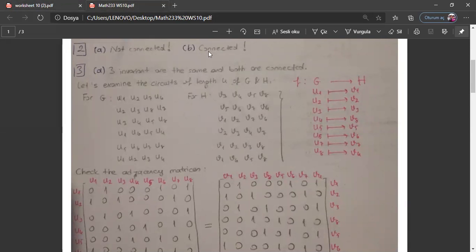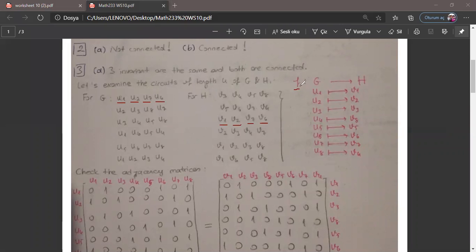So now let's examine a little bit. For example, for this circuit, we have these vertices, and you see here we have the same, right? We can match them. So it means the image of U1 can be V1 under the function.